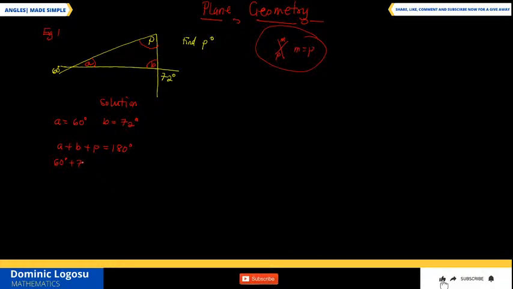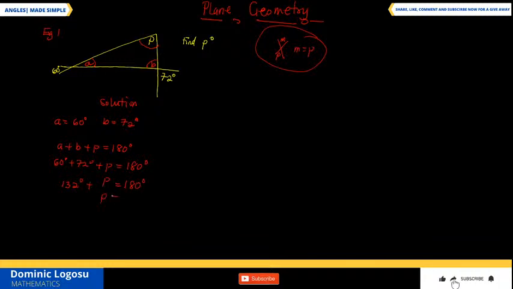Now we know A, we know B, so we just have to substitute their values. So 60 degrees plus 72 degrees plus P equals 180 degrees. To do this calculation, all we have to do is find the sum of these, which gives us 132 degrees, plus P equals 180 degrees.